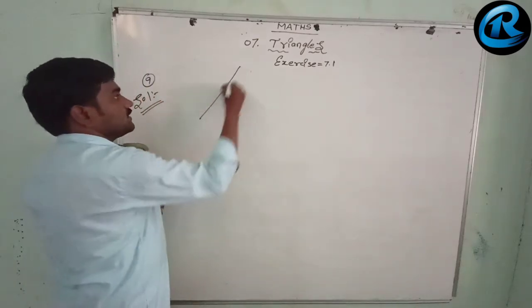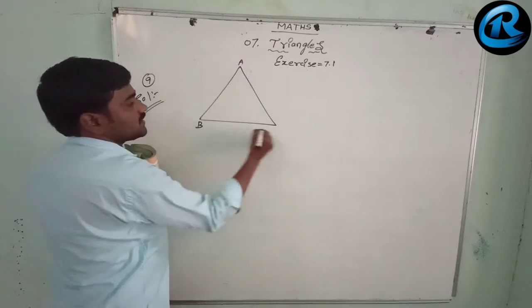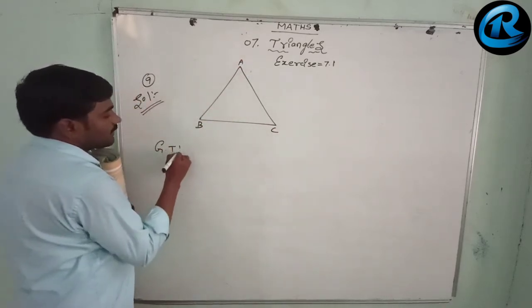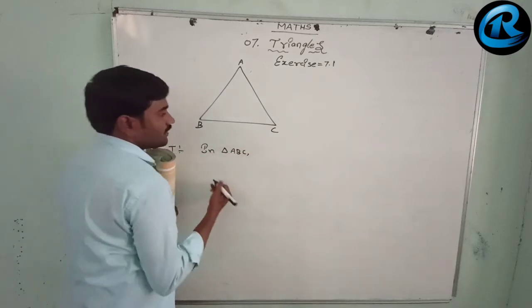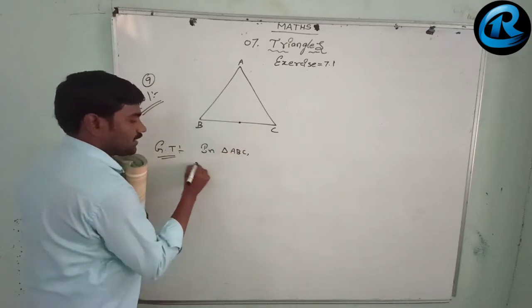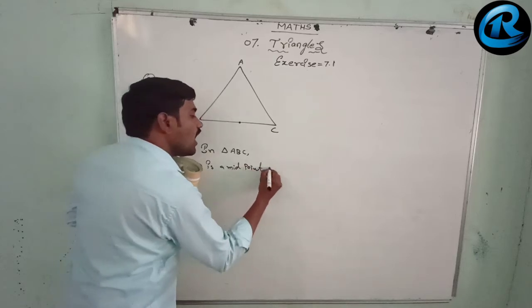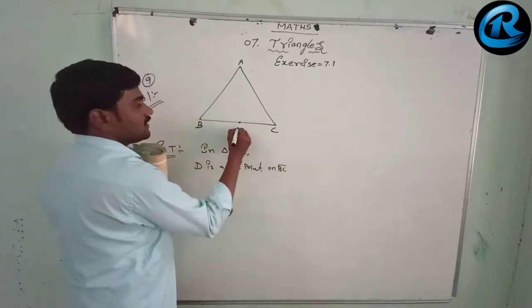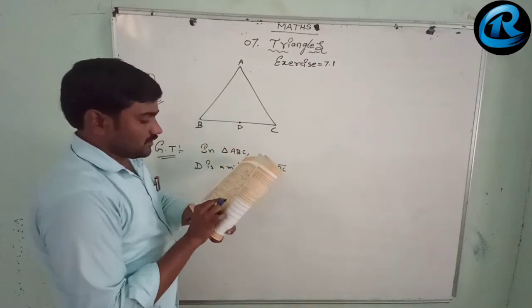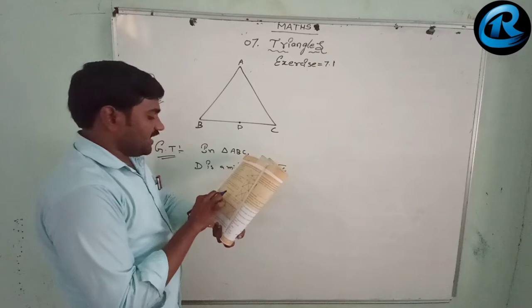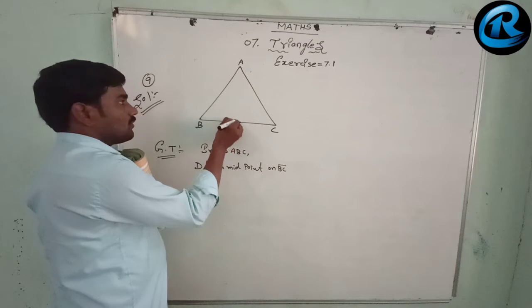Given that in triangle ABC, D is a midpoint on BC. Then DE is perpendicular to AB.